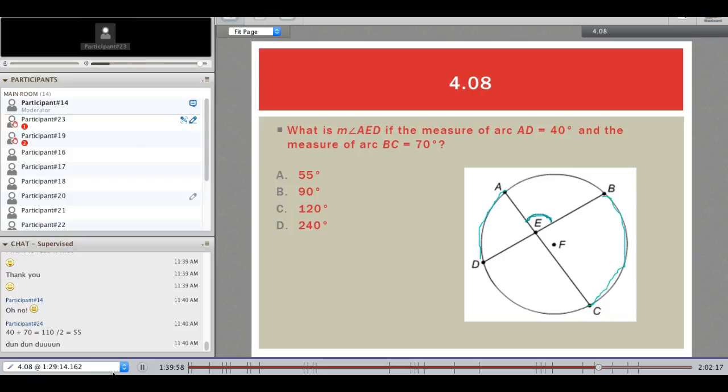Oh dear, drawing with mouse is so difficult. And it says arc AD is 40 degrees. My handwriting does not look like this. And 70 degrees. So I'm going to write it out with the formula because it's just easier to write it out on the screen. So we're going to find the measure of angle AED.